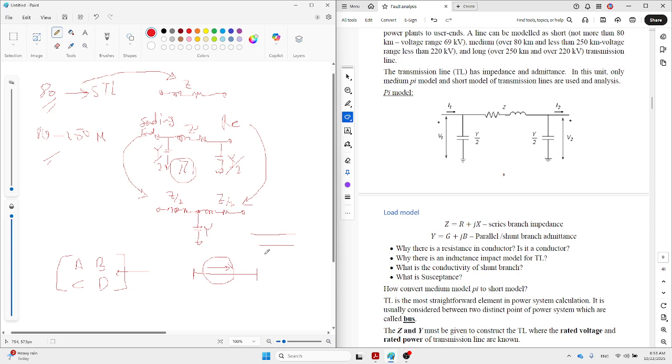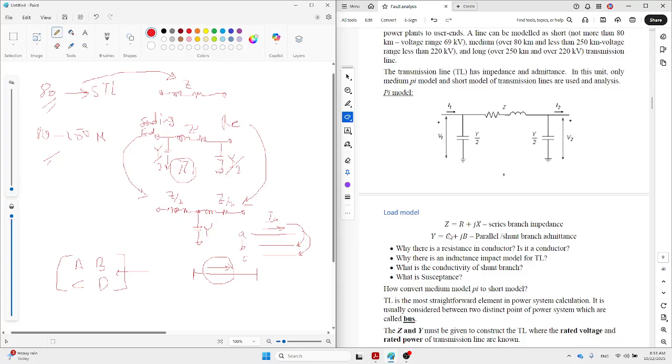We have three phases. This is phase A, phase B, phase C. If you remember, based on Faraday's law, the current IA here affects B and affects C. In the same way, B affects A and C, and C in the same way. So the reactance can be considered with that idea.